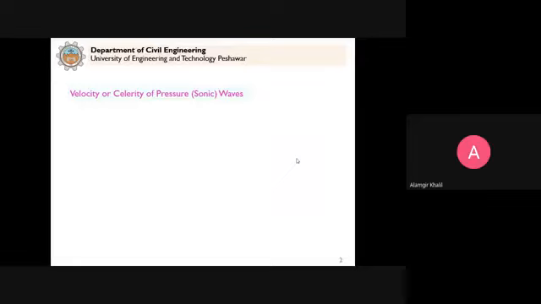So the first one was the unsteady flow problems where the changes take place slowly. For example, the rise and fall of water level in a tank. Essentially, we studied those types of problems in the previous lecture.